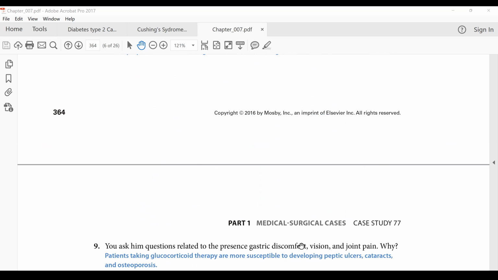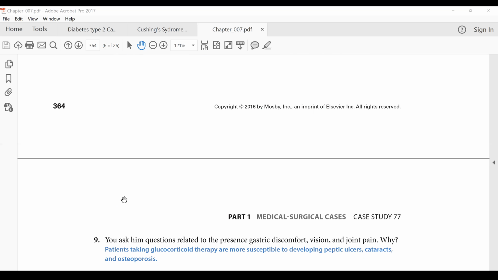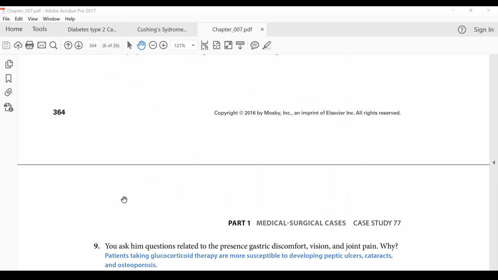More specifically, since they're only asking about GI, vision, and joint pain: as far as GI, they're susceptible to peptic ulcers, cataracts, and then osteoporosis. So that's why those would be questions you want to ask. But go back and look at all of the negative side effects related to long-term use of steroids.